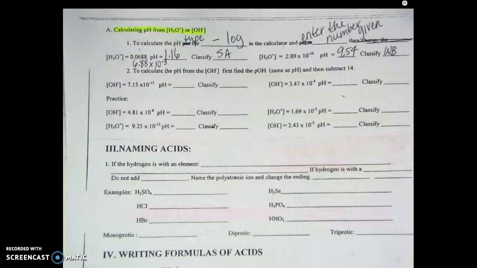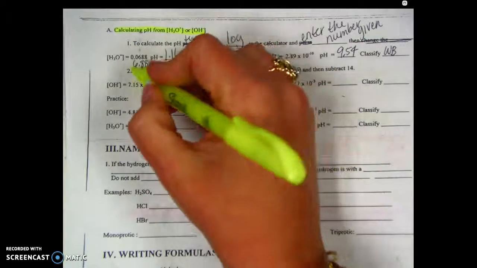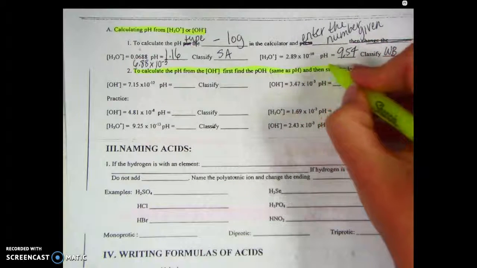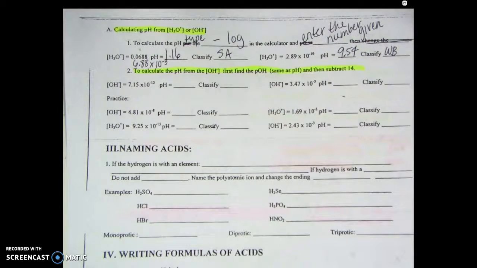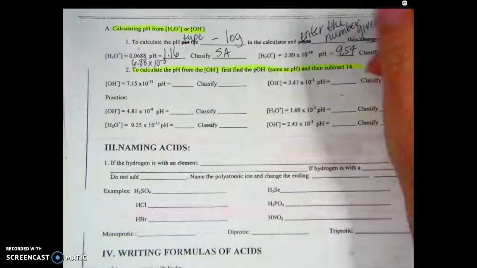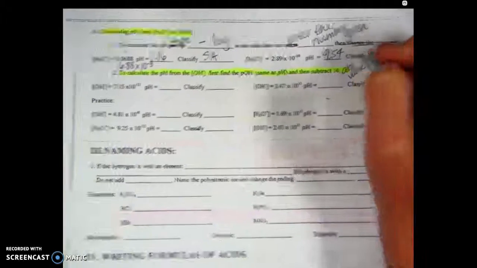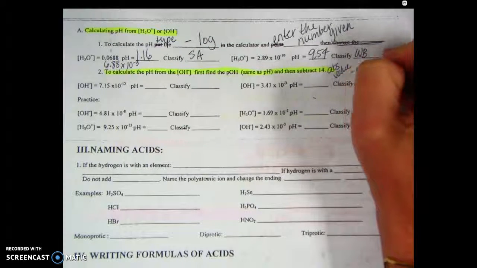To calculate the pH from the OH, first find the pOH, which is the exact same as the pH, except looking at hydroxides, and then you're going to subtract 14. You're going to take the absolute value of this number if it's negative. No negative numbers. Okay?